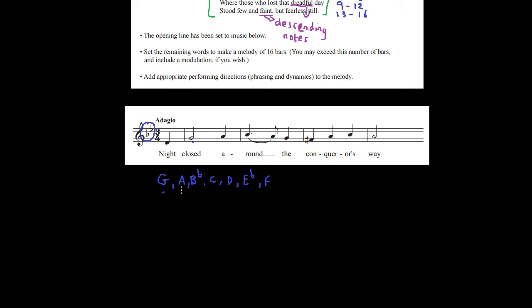So 1, 2, 3, 4, 5, 6, 7. Have they raised F anywhere? In other words, in the 4 bars they're giving us, is there an F sharp anywhere? And as you can see, there is. There's an F sharp, so we know that that is an F sharp as opposed to an F. Therefore, we know it's in G minor. It's not in B flat. Okay. So we're in G minor.